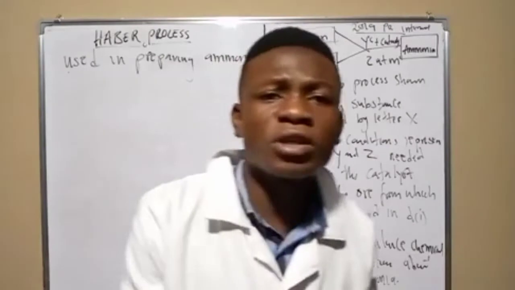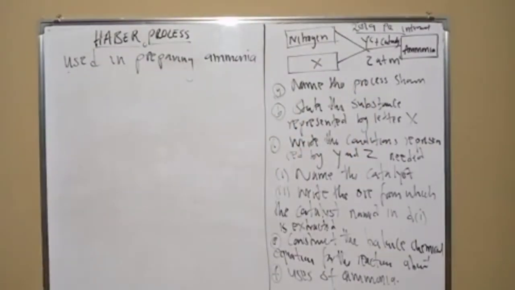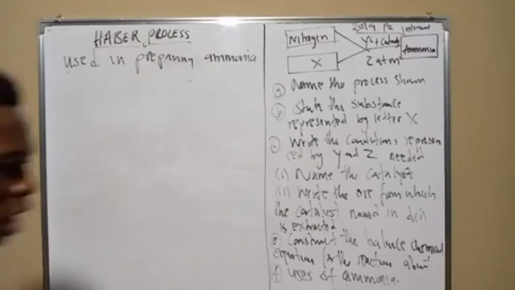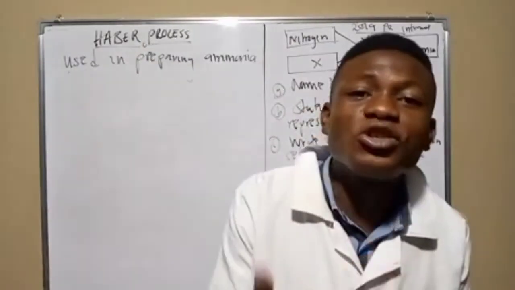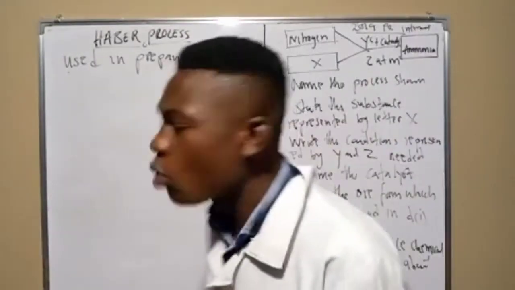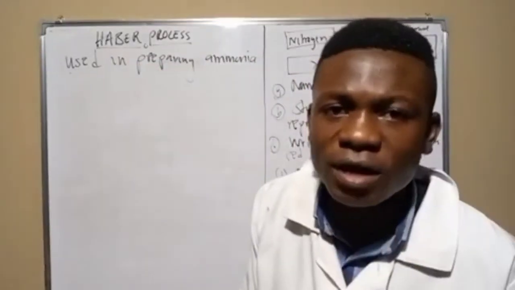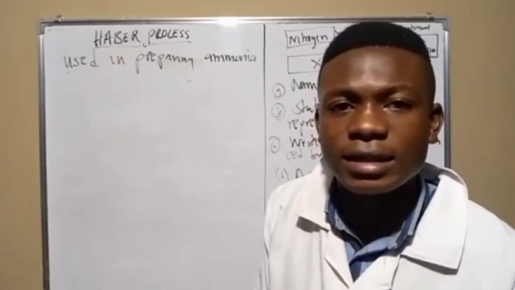The process that is used in preparing ammonia is called the Haber process. This Haber process is the process that is used in preparing ammonia gas.